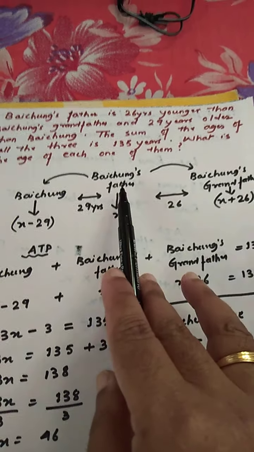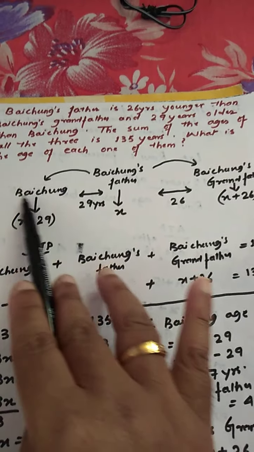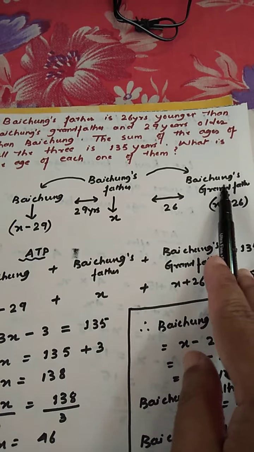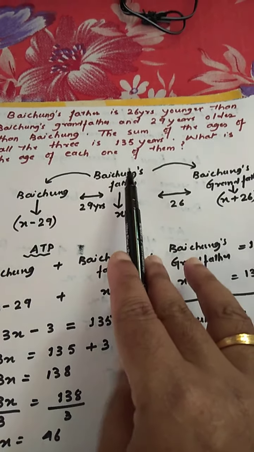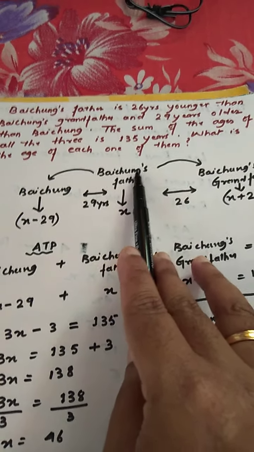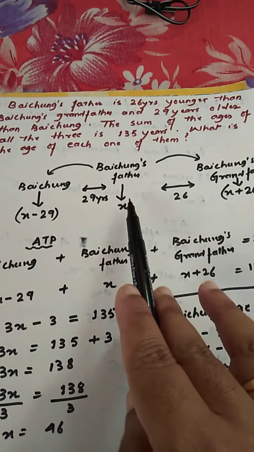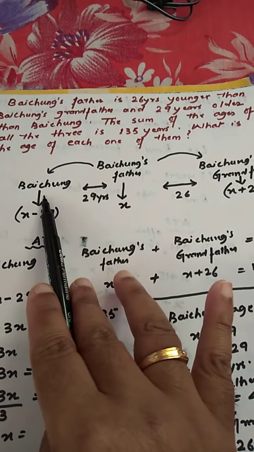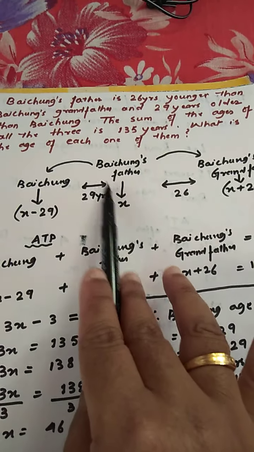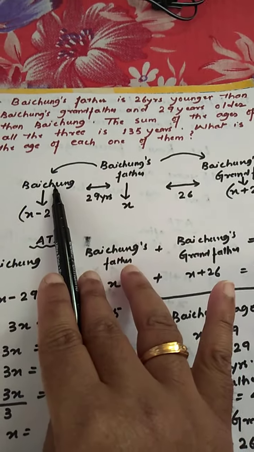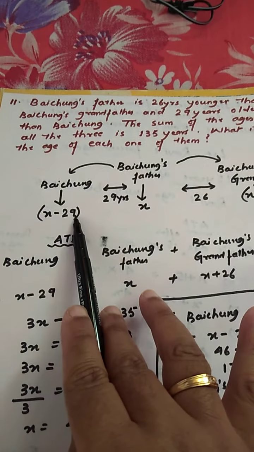Both ages have been compared with Baichung's father. If we let Baichung's father's age be X, then Baichung's age will be what? Because Baichung is 29 years younger than his father, Baichung's age will be X minus 29.